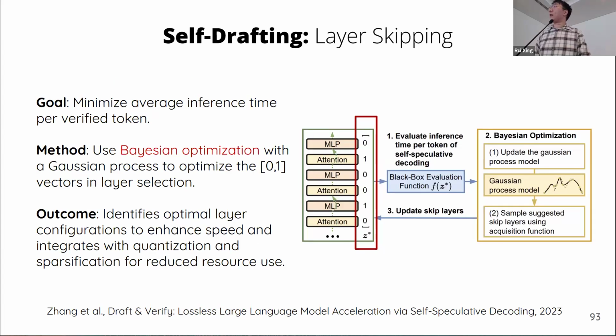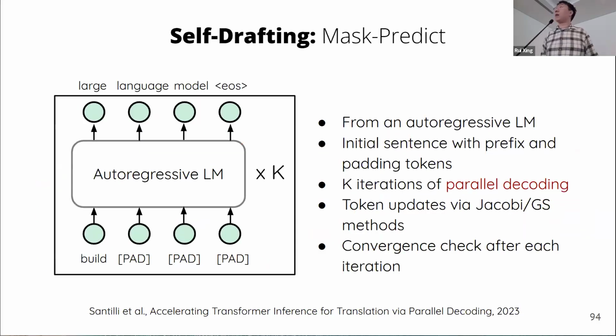Okay, so this is a layer skipping technique. And the last self-drafting technique is mask predict. Actually, we have already introduced the non-autoregressive language model, right? The non-autoregressive language model can decode the whole sentence in one pass and use parallel decoding. But it is also trained using a non-autoregressive objective.